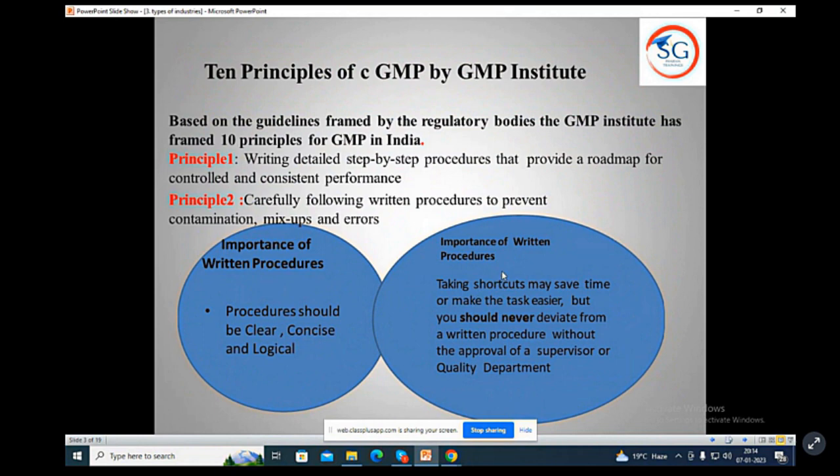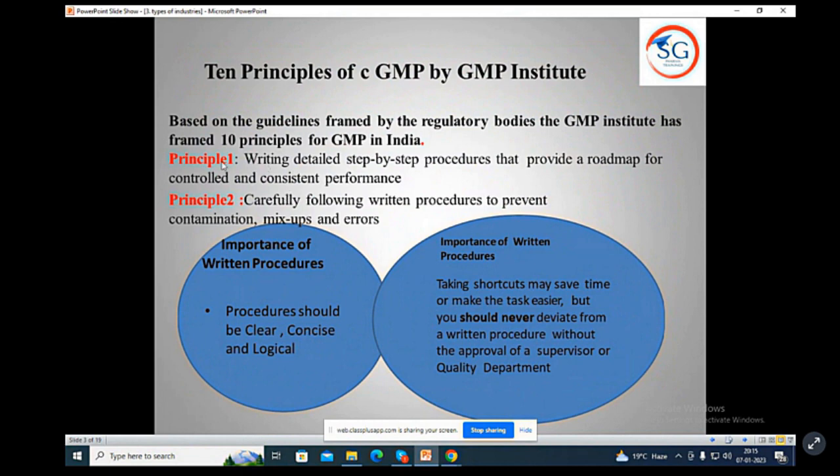When you are framing an SOP or writing a written procedure, you should ensure that you never deviate from a written procedure without the approval of a supervisor of the quality department. So it is telling that you should follow the working procedure or written procedure or the SOP. So this is regarding the first principle. And the second principle is an elaboration of principle one.